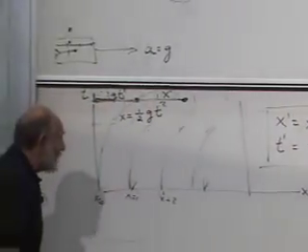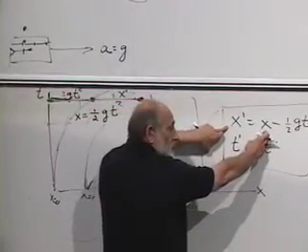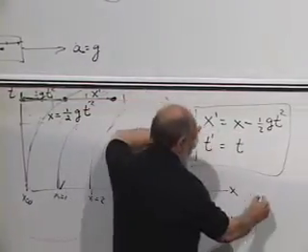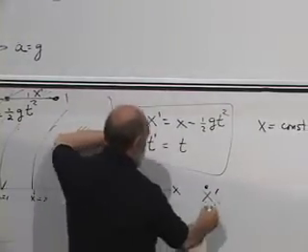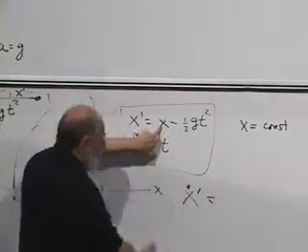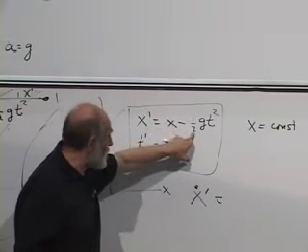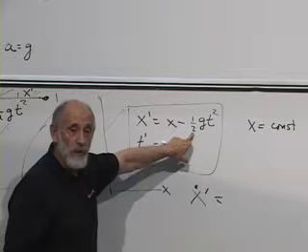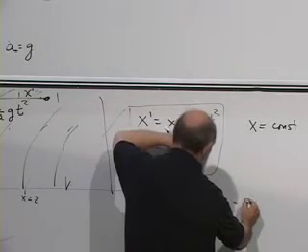What does it say about the velocity? If x is standing still, and we differentiate this, we get the velocity in the primed frame of reference: 0 from differentiating x, standing still in my frame of reference. But what happens if we differentiate minus 1/2 gt squared? Minus gt.